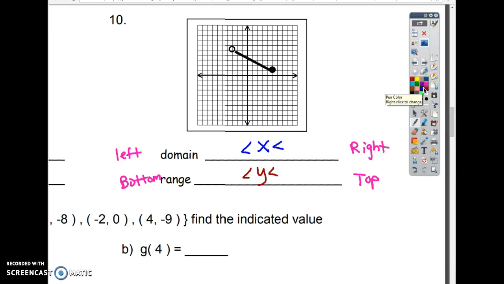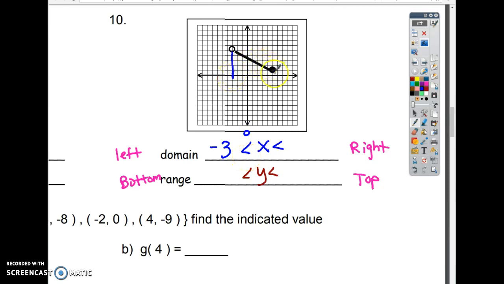So domain, what is the lowest point? Right here. What number is this? Oh no, I'm looking wrong. I'm looking at the y's. My bad. The x's. This is my x's. So the lowest point on the left, right here. What number is that? -3. Open circle. So leave it alone right there.